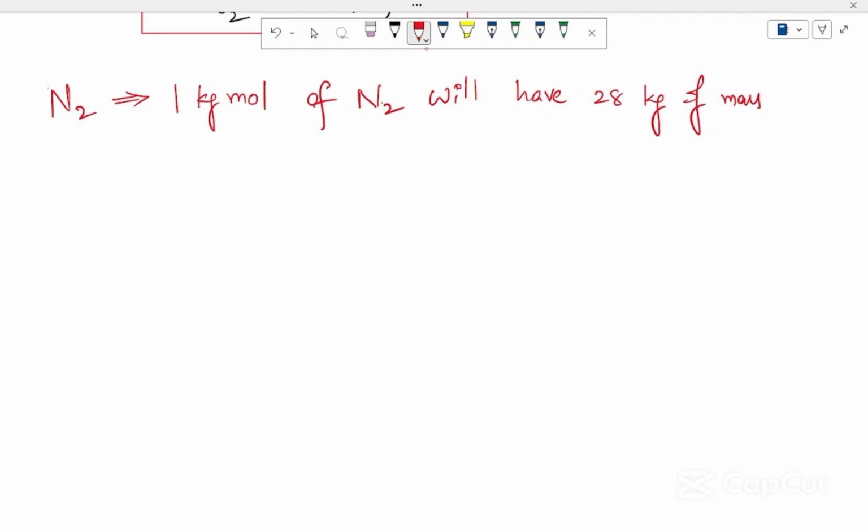If I take the molecular weight here, the formula is M by N. The M value you got as 28 here in the problem, and the N value is 1, so that will give you 28 here.